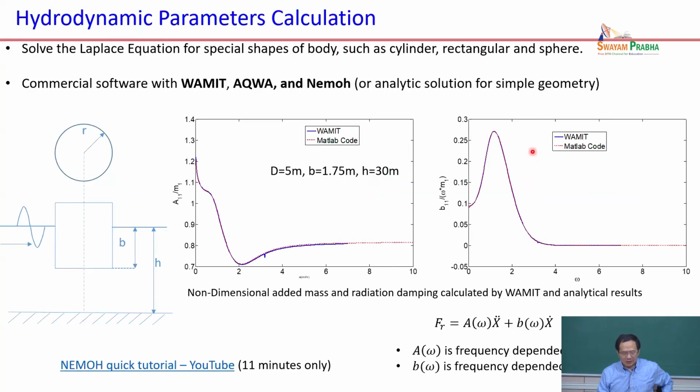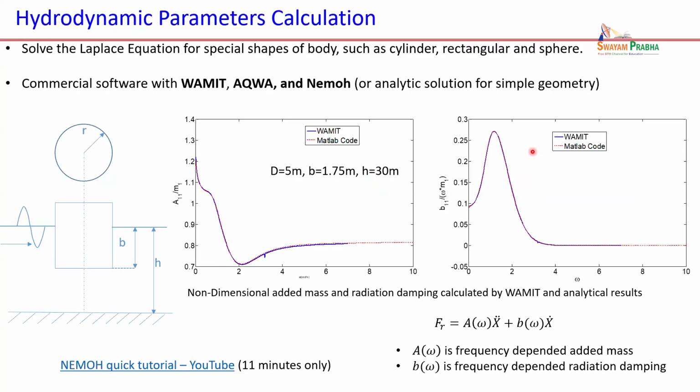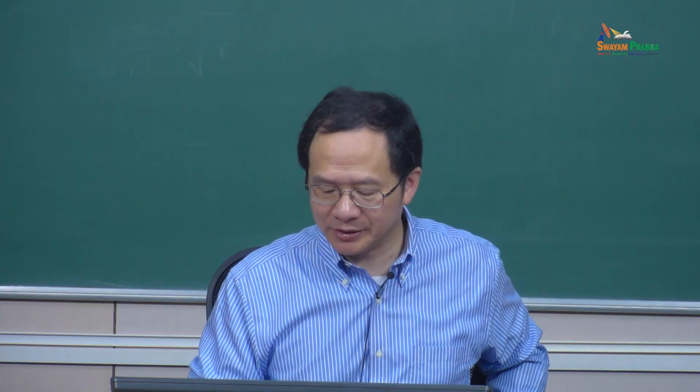These are slides we already showed you before, on how to calculate the three frequency dependent parameters. Keep in mind, these three frequency dependent parameters are related, right? If a system is symmetric and the water is deep enough, from one parameter you can calculate the other parameters. Otherwise, you can use software to do this calculation.